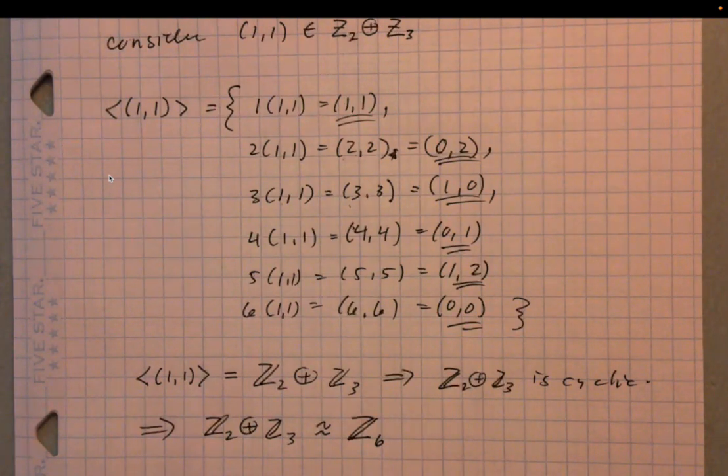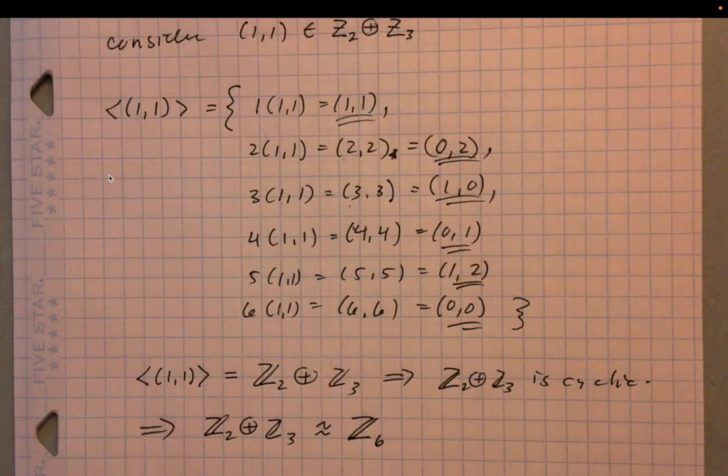They have the same number of elements, they all act the same way, and so they just look different. Now, that's very interesting, right? The external direct product of Z2 and Z3 happens to be isomorphic to Z6. 2 times 3 is 6.